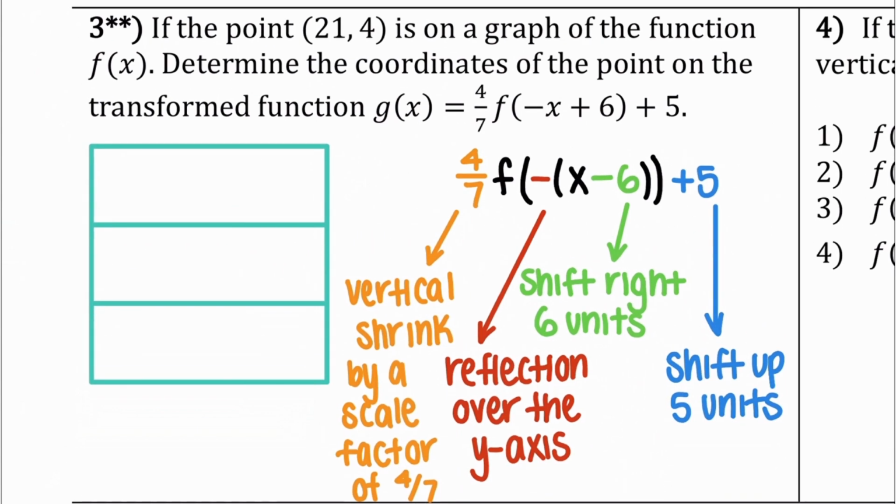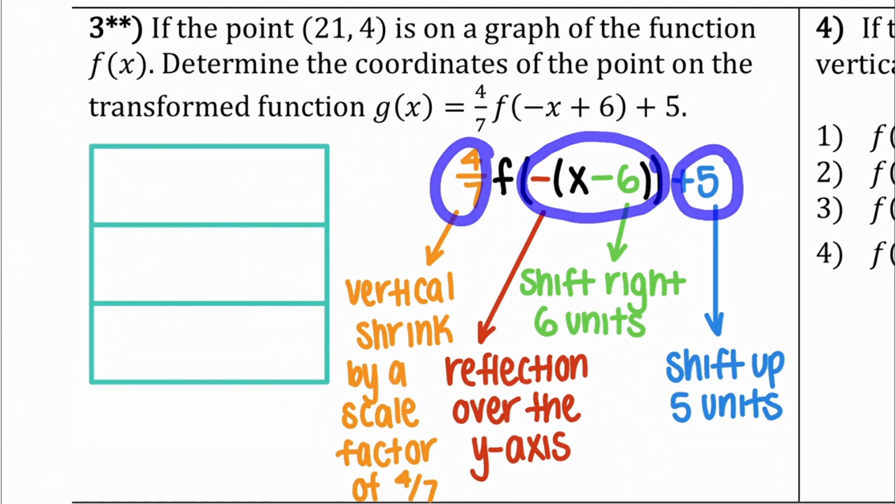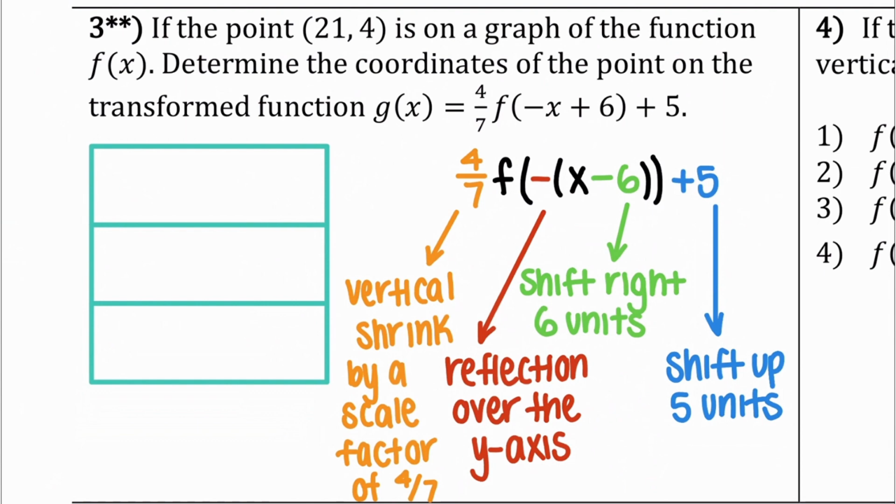So once again, let's start off with our original coordinate, in this case 21 comma 4. All the transformations that affect our x values will not affect our transformations on the y values. So we can do the operations all together as long as we do them in correct order.